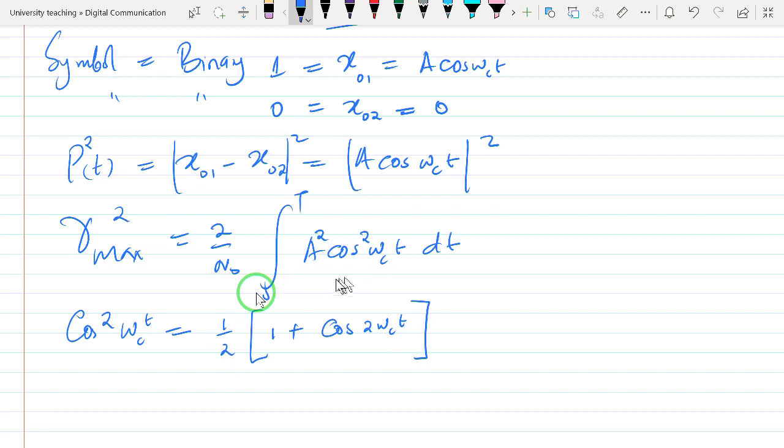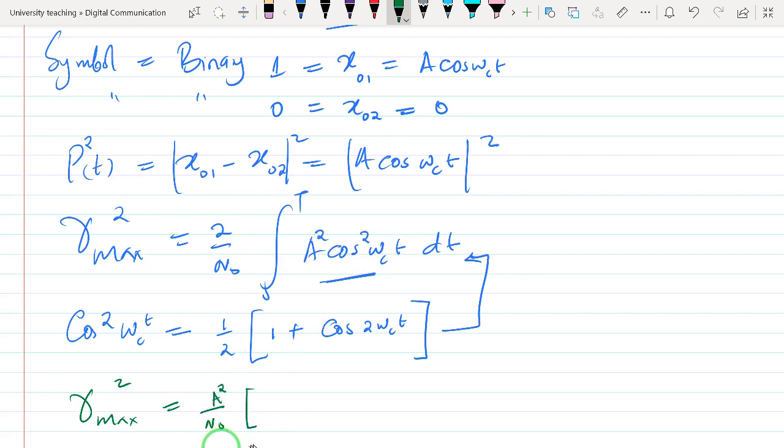Therefore, when we replace this here, we are able to find gamma max squared to be equivalent to, this can come here to cancel it out, so that we have 1 over n naught, you can put a squared there, and therefore we have the integral of 1 dt from 0 to T plus the integral of cos of 2 omega c of t dt.